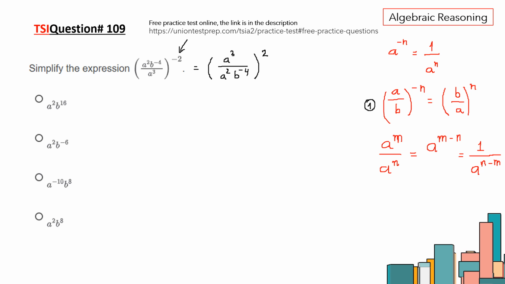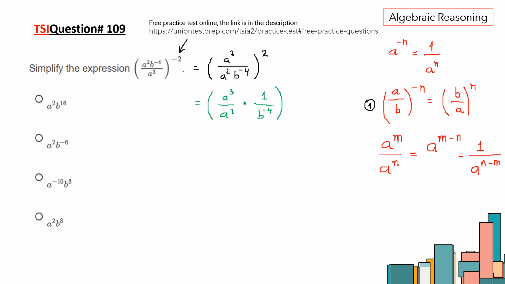Okay, let's do the second step. I want to separate it. I have a cubed over a squared times 1 over b to the power of negative 4. As you know, if we have multiplication between fractions, we go top to top, bottom to bottom.